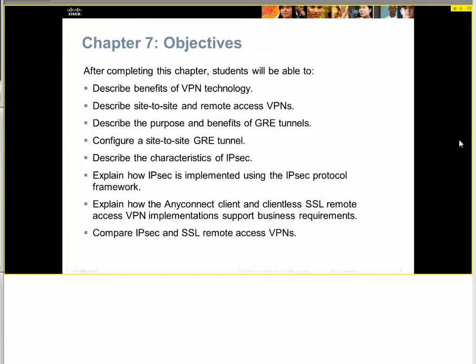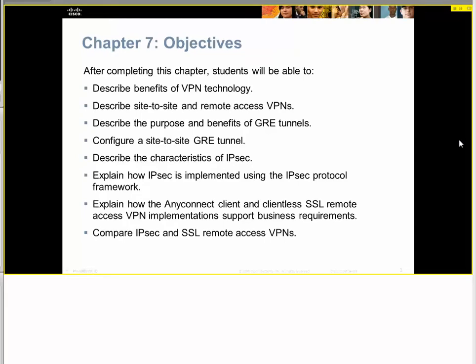We've talked about those very, very little this semester, but you probably have a good understanding of what that is. We'll look at the purposes and the benefits of a general GRE tunnel, although we don't generally use GRE tunnels without some heavy-duty security. We'll get into the IPsec, which is how we actually secure the tunnel. And then we'll look at the protocol framework.